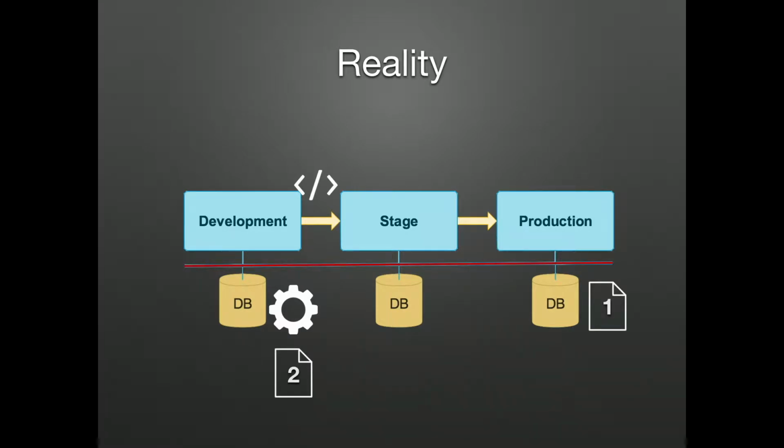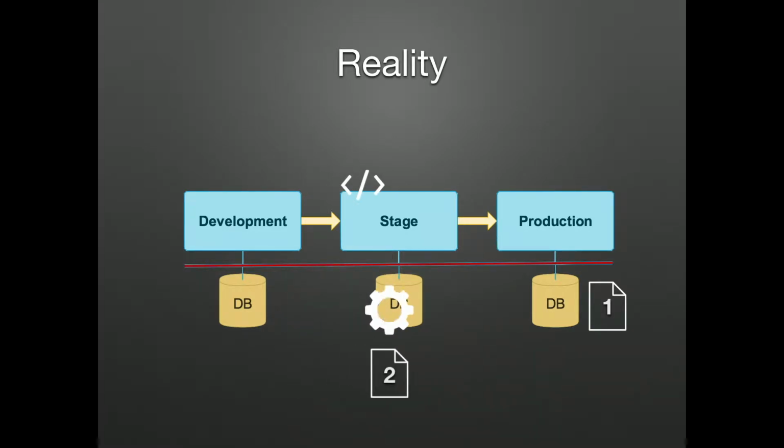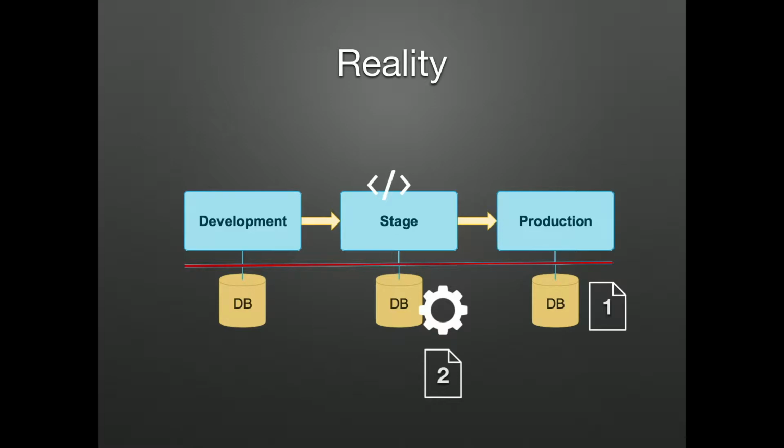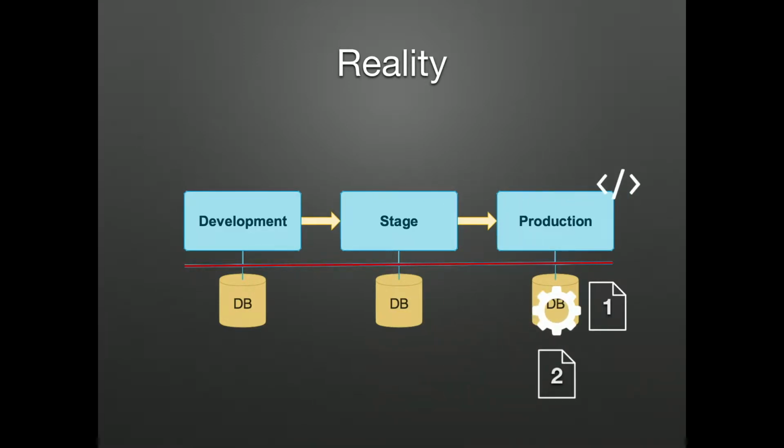We need that configuration up there. So we're moving the database up. Stage looks good, cat pictures are fine. All right, we move it to production. What's going to happen when we move the database from stage to production? You blow away your production database and content, and you end up with cat pictures on your very serious website.